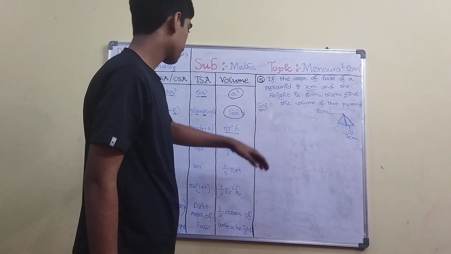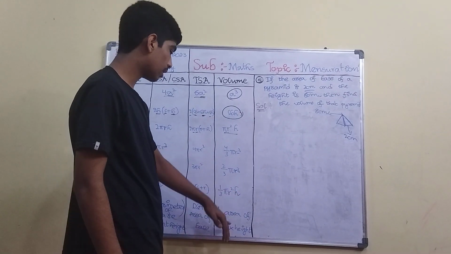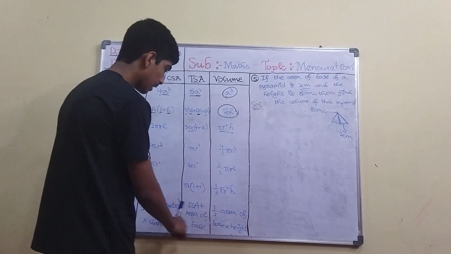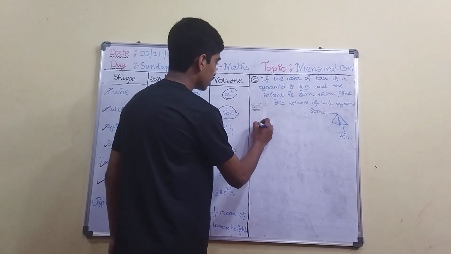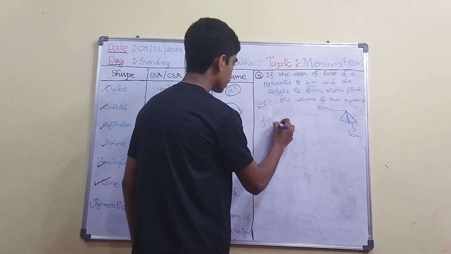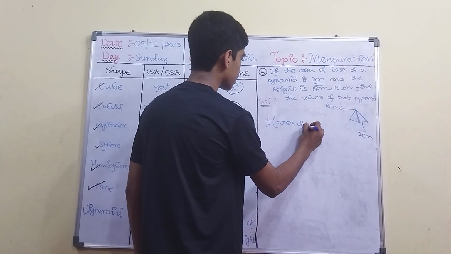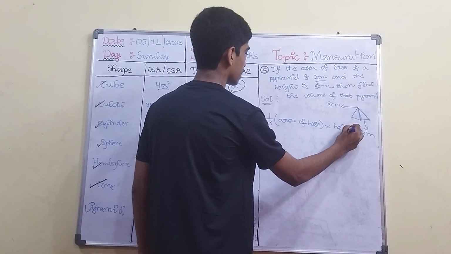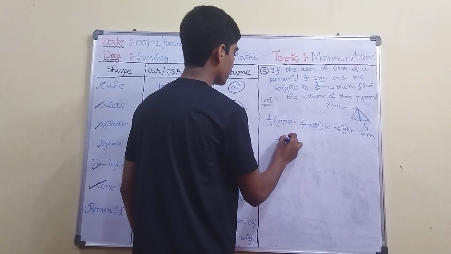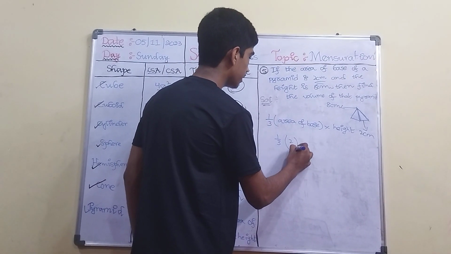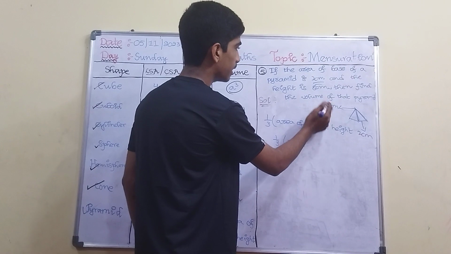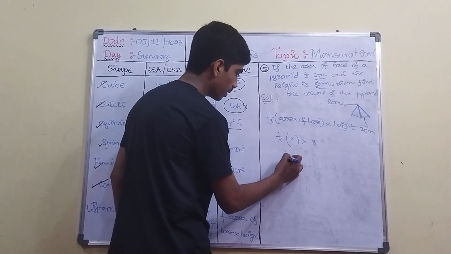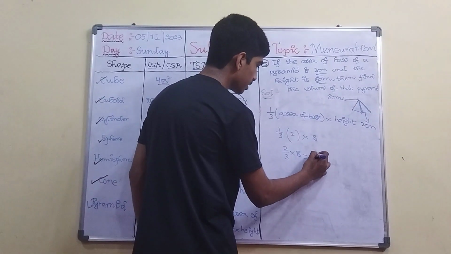We have to take the volume formula because the area of the base is given and the height is given. So first of all, write the volume of the pyramid. 1 by 3 into area of base into height. In the question the area of base is 2 centimeters. 1 by 3 into 2 into height. What is the height given? 8 centimeters. 1 by 3 into 2 into 8. 2 eights are 16 by 3.